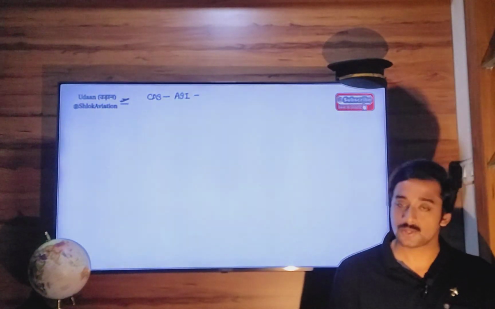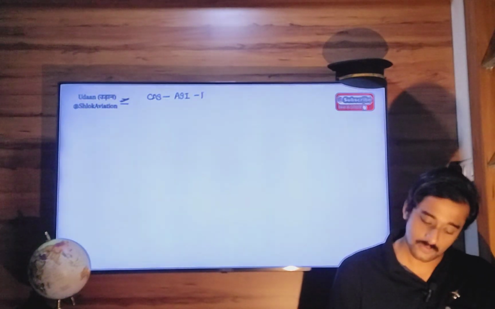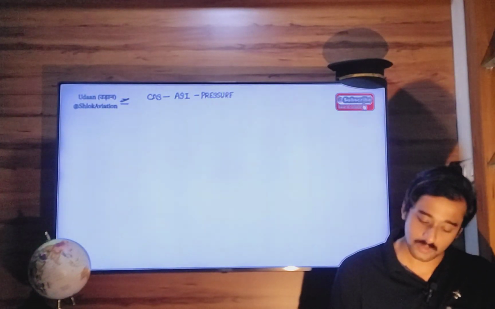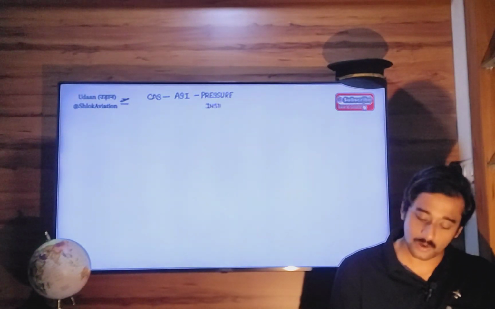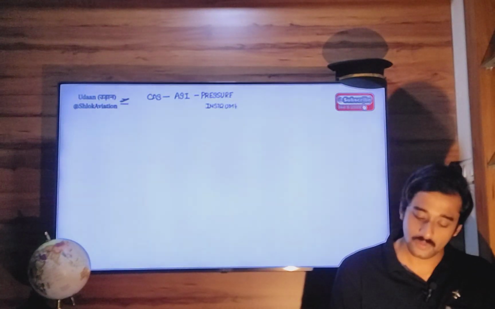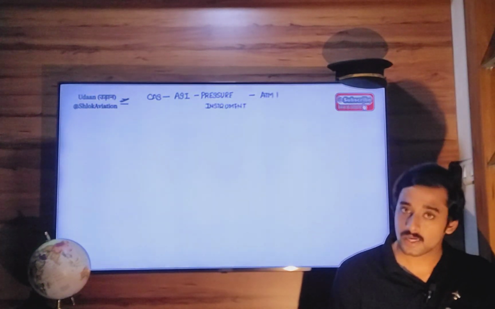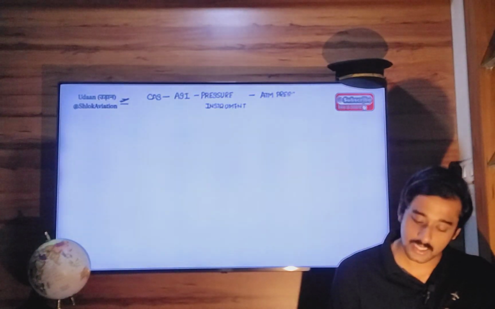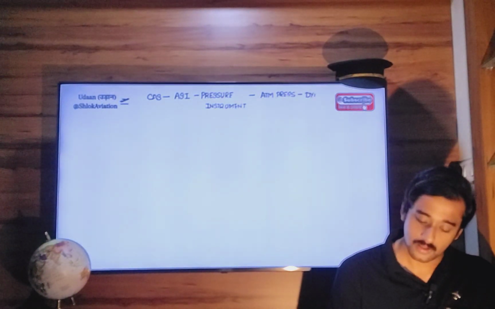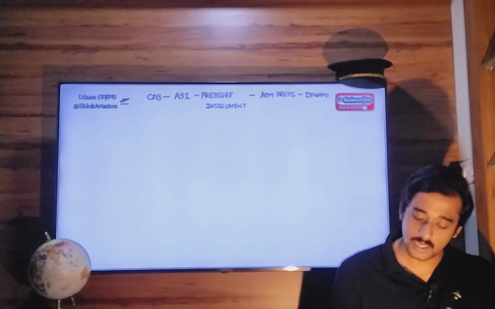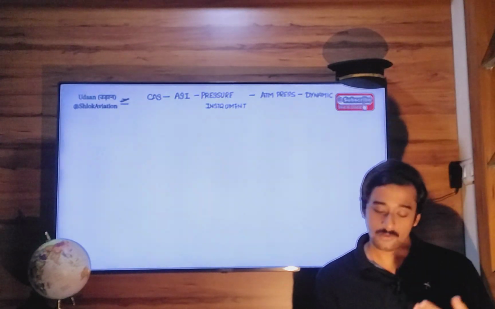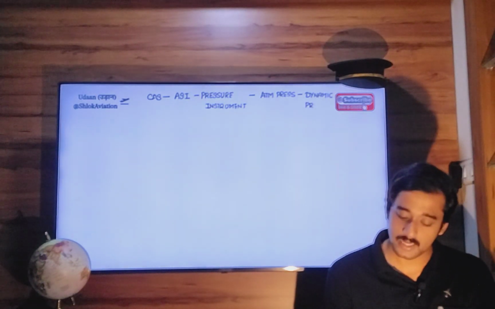This airspeed indicator is a pressure instrument. And this pressure instrument requires what for its working? It requires atmospheric pressure, correct? Namely, it requires dynamic pressure. This dynamic pressure is represented to us in the form of calibrated airspeed or indicated airspeed.